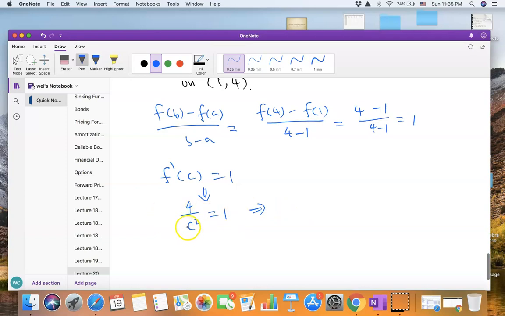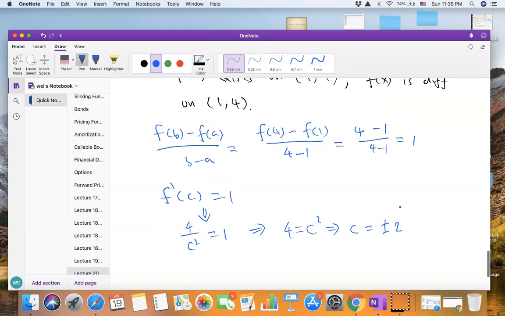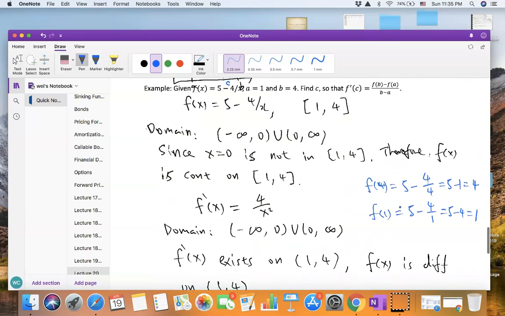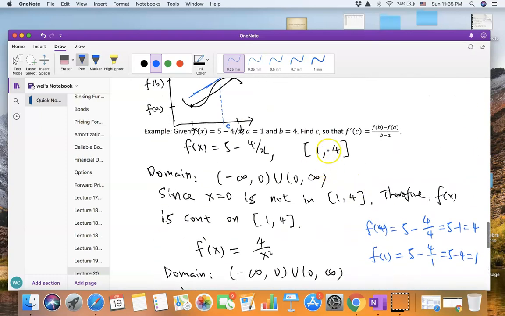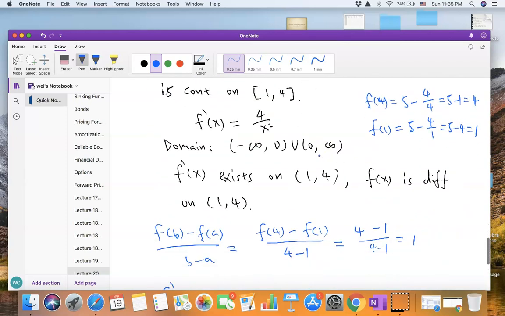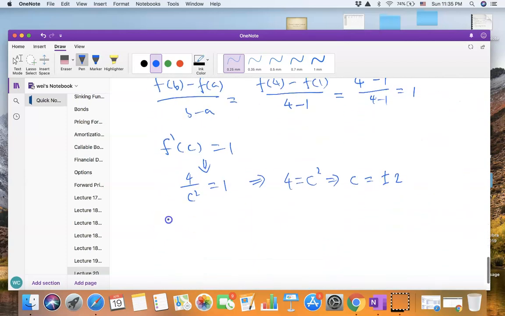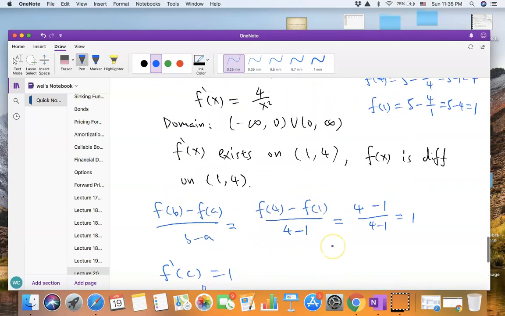If we multiply c squared on both sides, we find that c equals positive and negative 2. However, remember that our interval is from 1 to 4, so we have to drop the negative result. Therefore, c equals 2.